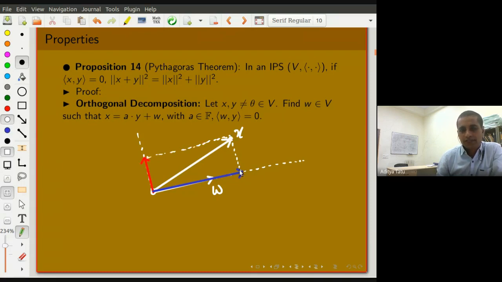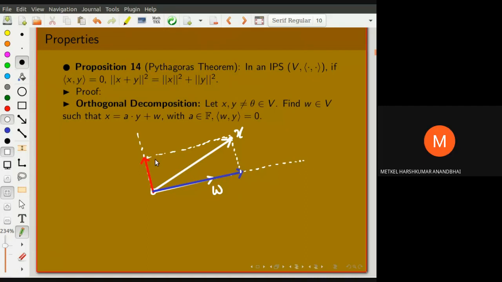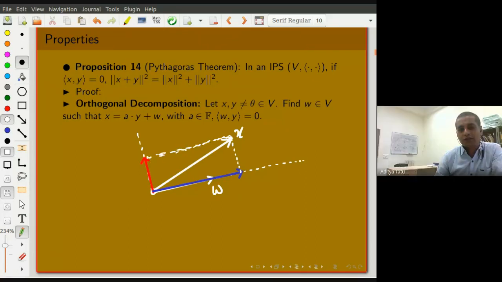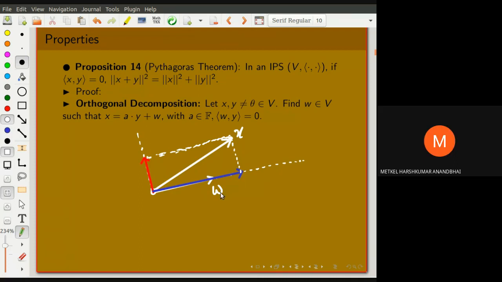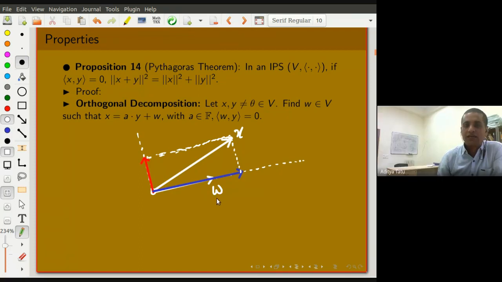So what would this vector in blue be? x cos theta, the angle between them. Now remember, we cannot talk of cos theta here because x and w could be complex vectors. That is the difference from the geometry that you have learned till now in school.